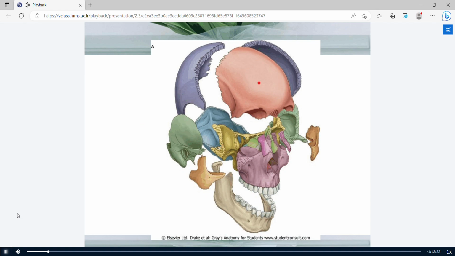This is the frontal bone, occipital bone, and 2 parietal bones. The green bone is the temporal bone, and this is the ethmoid bone, and this is the sphenoid bone.